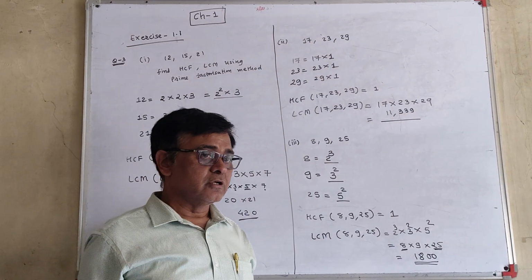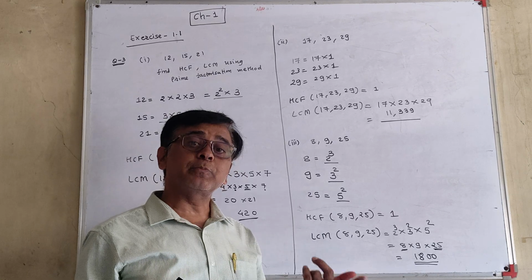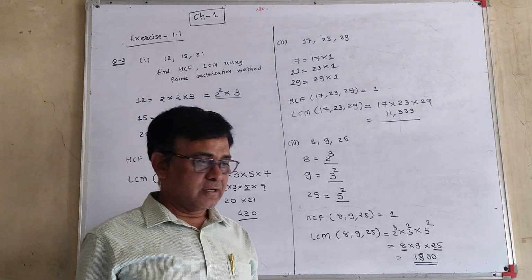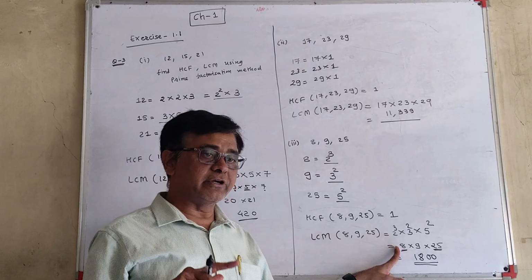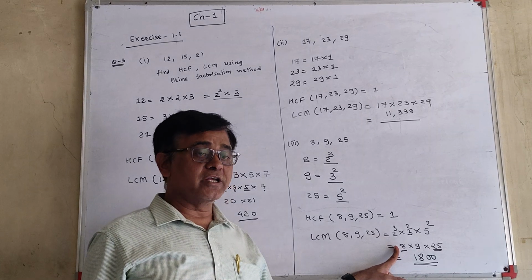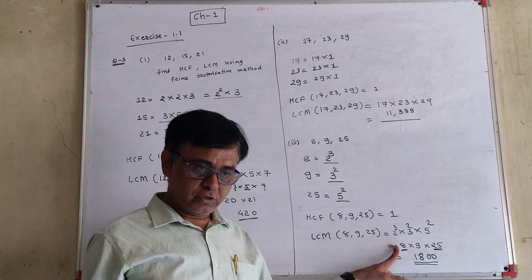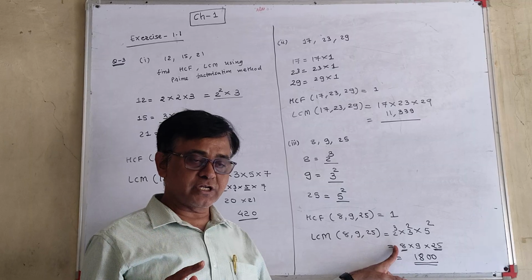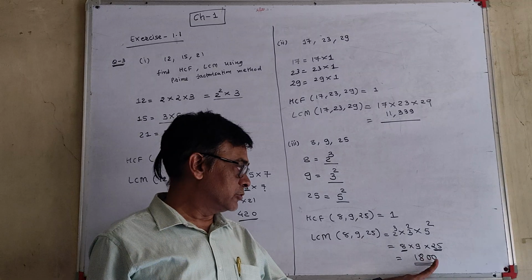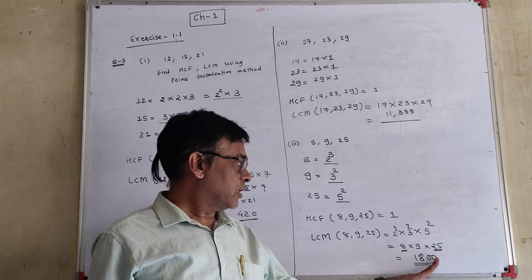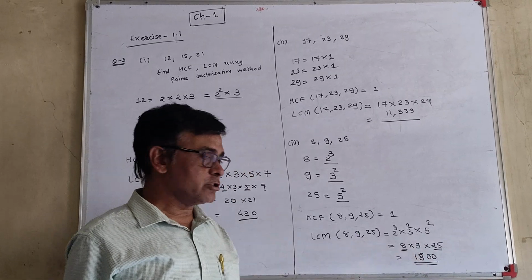But I know 25 4s are 100 and 8 is 4 2s. So I multiply 25 and 4, and the answer will be multiplied by 2. 25 4s are 100, 100 2s are 200 and 00. So 2 9s are 18. So this is the answer.